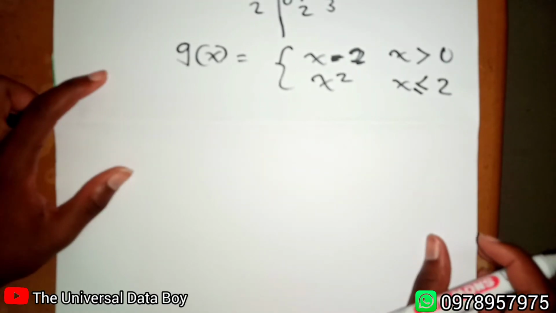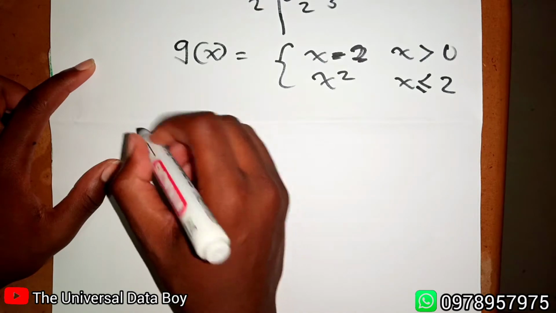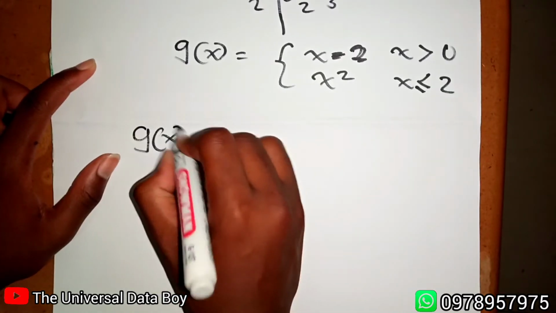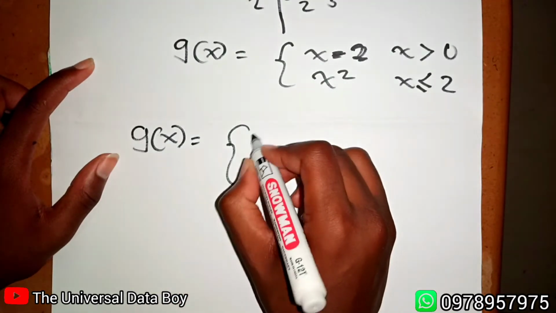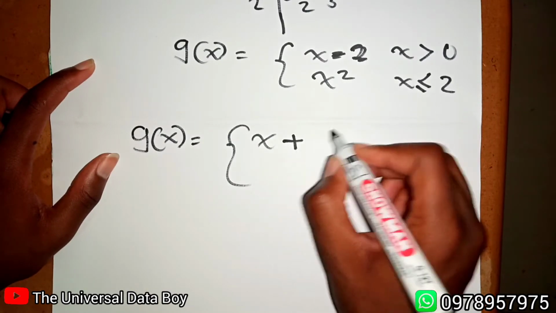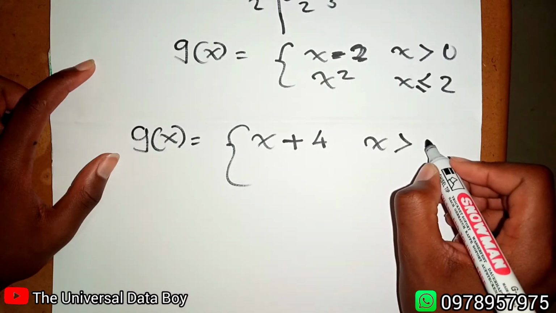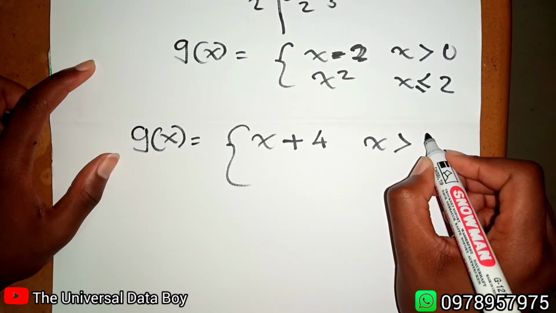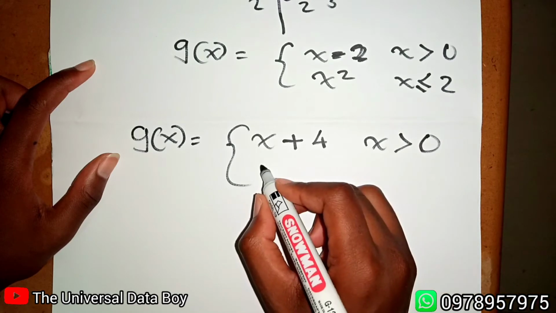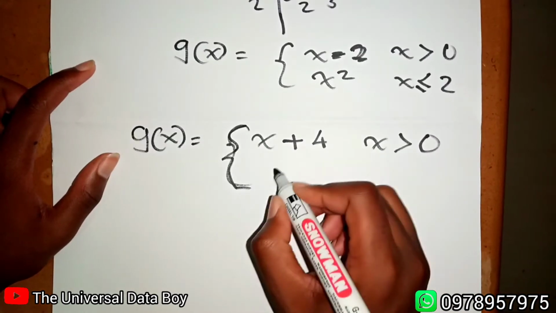So let's say we're going to have a function. It can be arbitrary, by the way. Maybe g of x is equal to x plus 4 when x is greater than 0, and they can even go to 3, so let's make them 3.